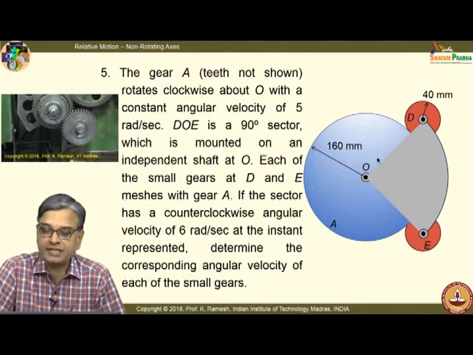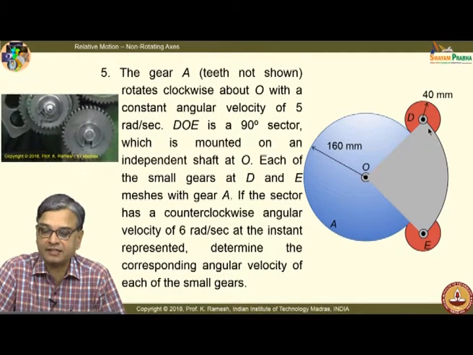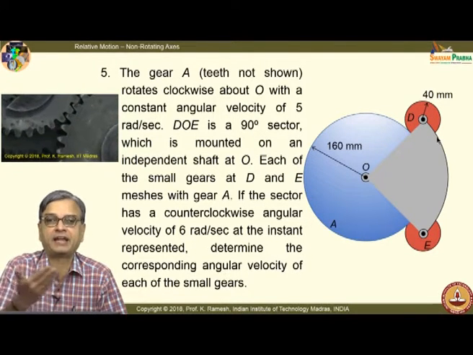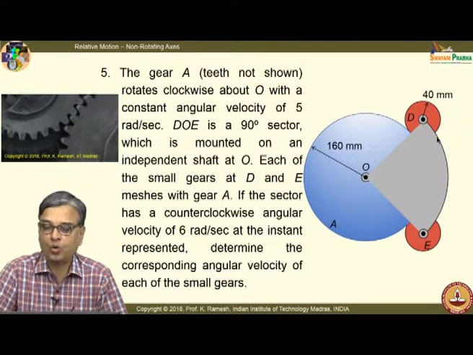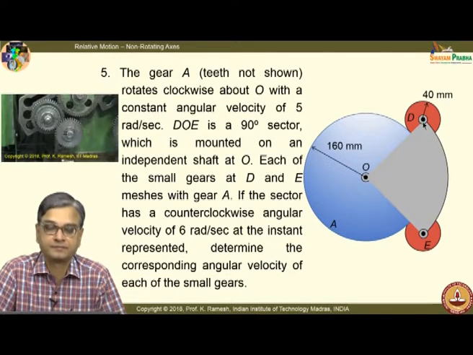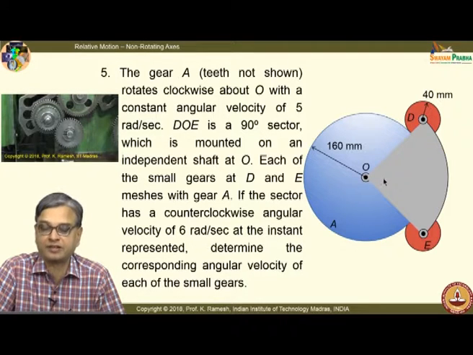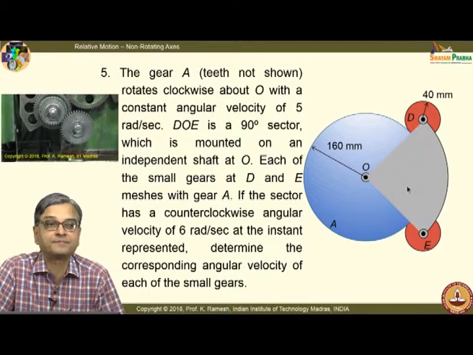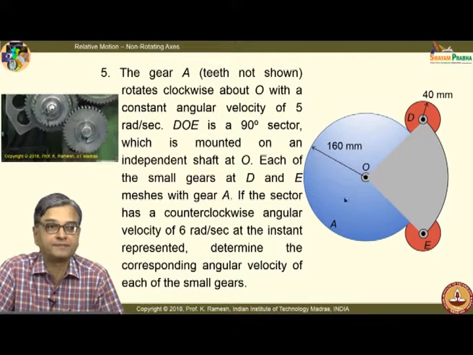And what you see as gray in color is a thick member, it is like a plate, it is a sector OEB, which is a 90-degree sector, which is mounted on an independent shaft at O. It is very clearly given, that is what is shown as a black circle here. This sector can rotate independently, independent of the blue wheel.